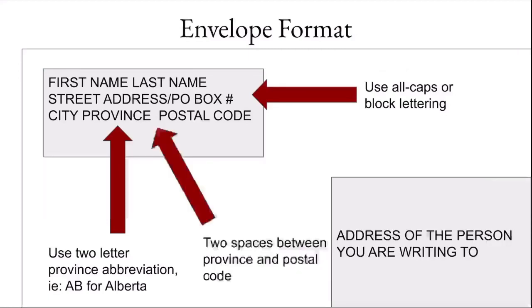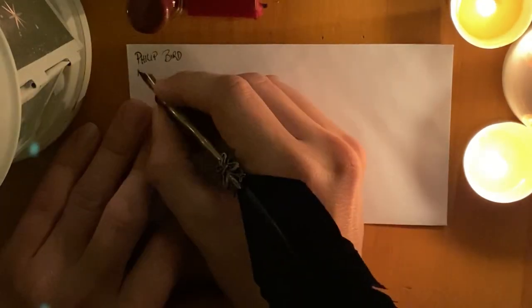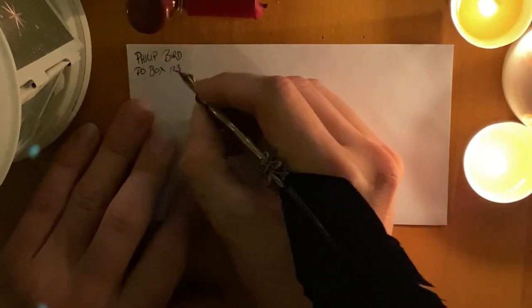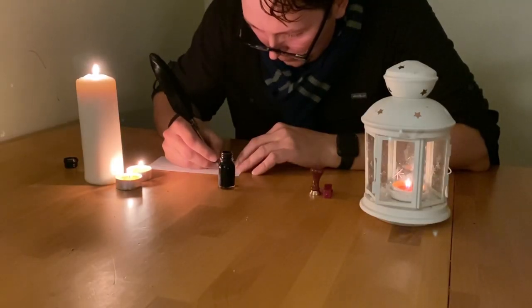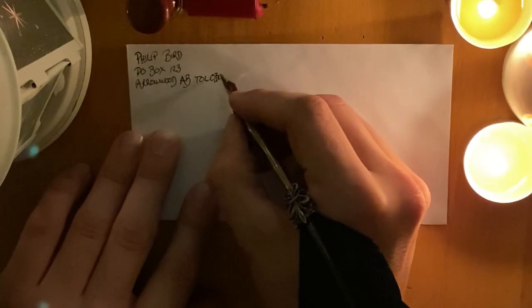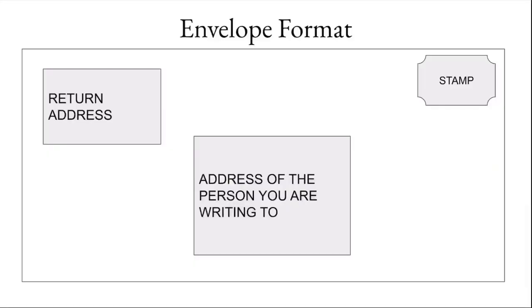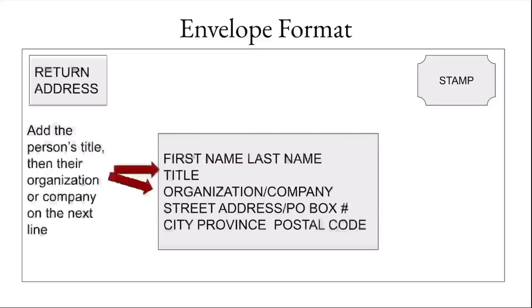Next is that you put two spaces between the province and the postal code, or a gap, so it's easy to understand where the postal code begins. For my city, L0B0.